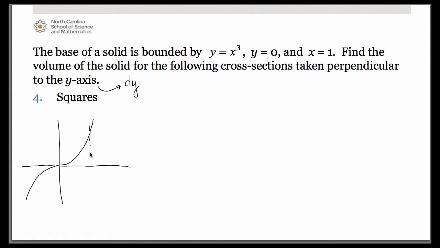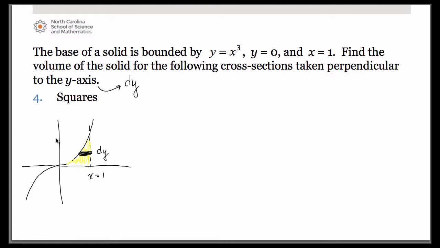So here would be your line at x equals 1. So since our representative rectangles are now going perpendicular to the y-axis, they are horizontal, therefore that's what's making it a dy problem.